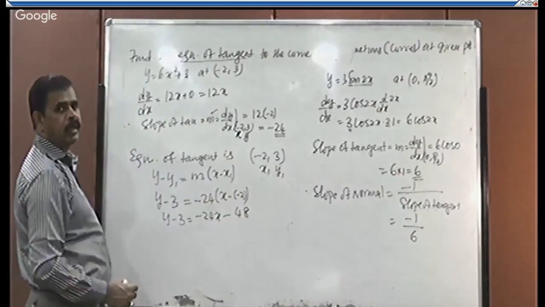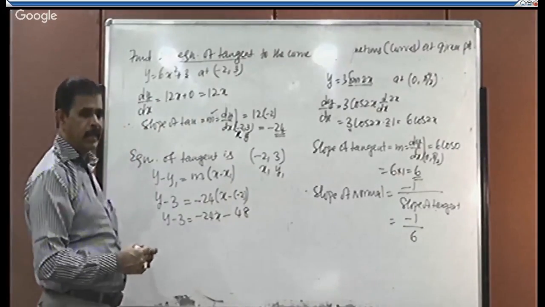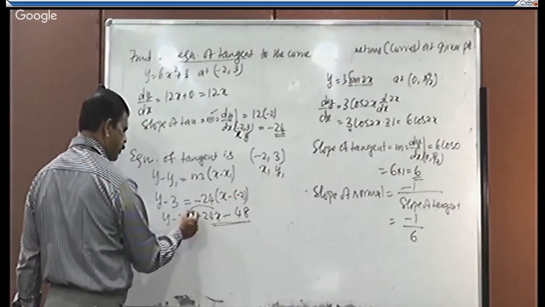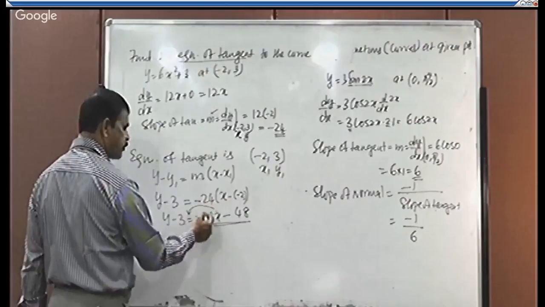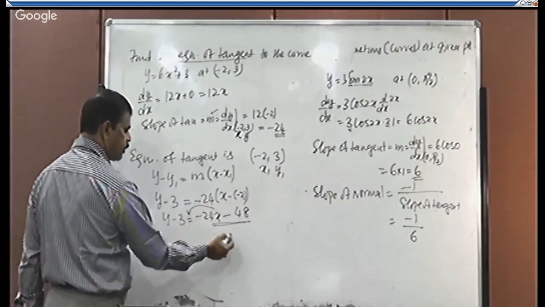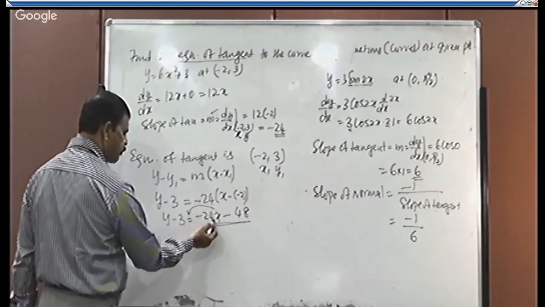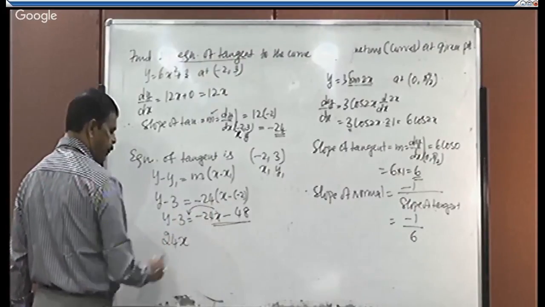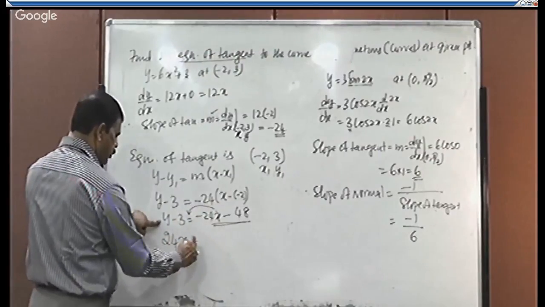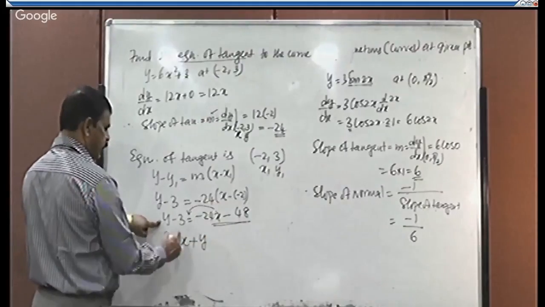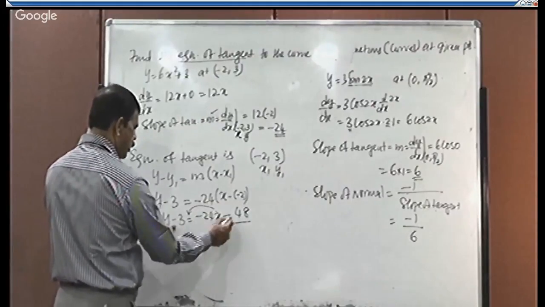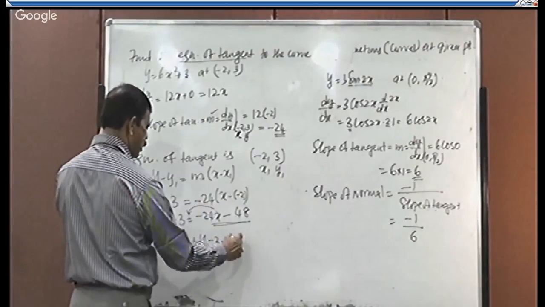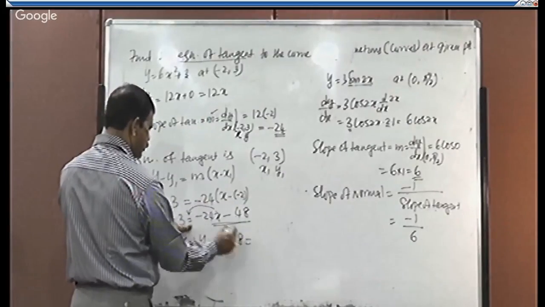Now write in the standard form of line. Take the x term to the left side. If minus 24x is transferred to the left side, it becomes plus 24x. Then write the y term, plus y. Minus 3, if it is transferred to this side, becomes minus 48, is equal to 0.